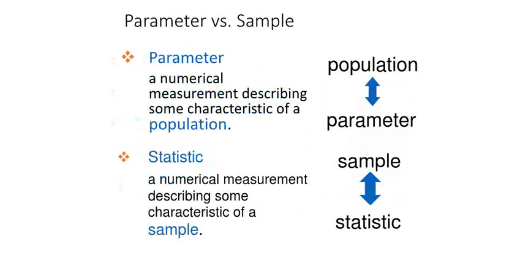So, for example, perhaps the mean age of the population of students in the course is 30, but the mean age of 7 students sampled is 33. The mean of 30 is a parameter, meaning that the entire population was used to calculate this number. The mean of 33 is a statistic, meaning that it represents only the sample and may or may not be close to or equal to the population mean.